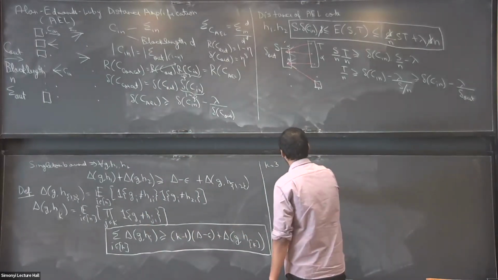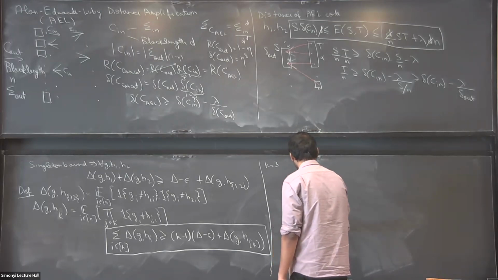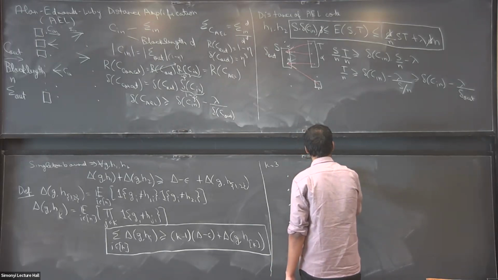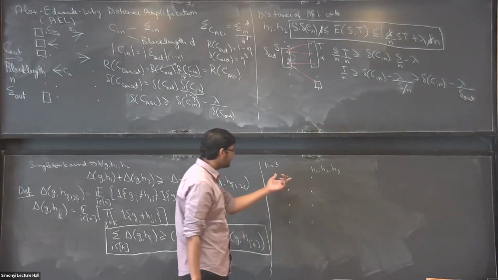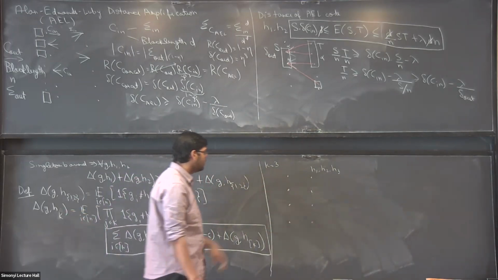So again, if I recall the AEL picture, now I have 3 code words, H1, H2, H3. They are distinct code words. All of this only makes sense when H1 through HK are distinct.